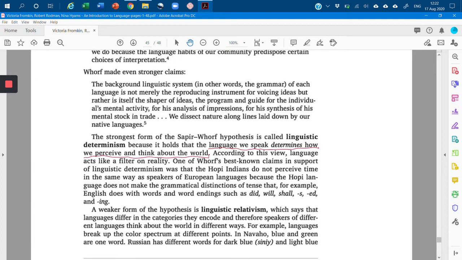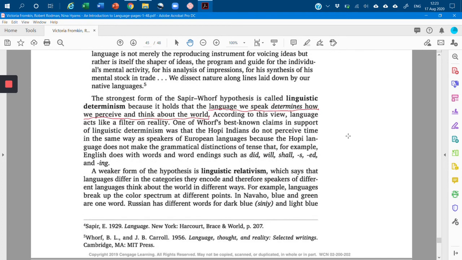So how you think about the world is related to the language you use. I know that's very harsh when you think about it, but they do give you some examples, and to a certain extent it is kind of true. Although I see language as an indicator or an expression of deeper constructs, but we're not going to go into that.